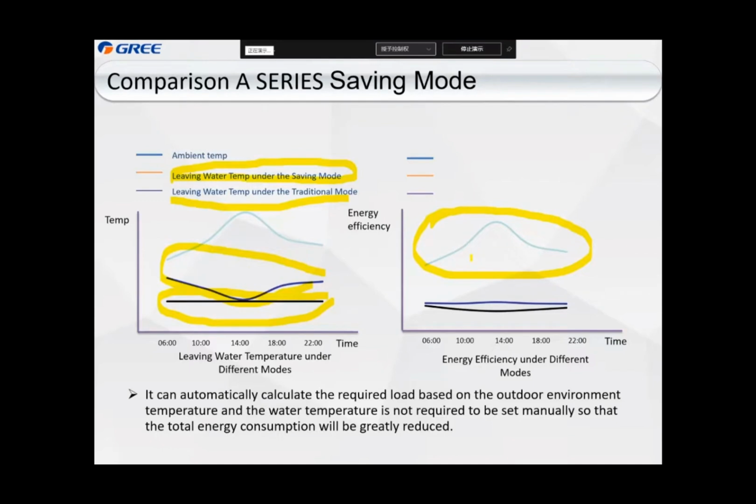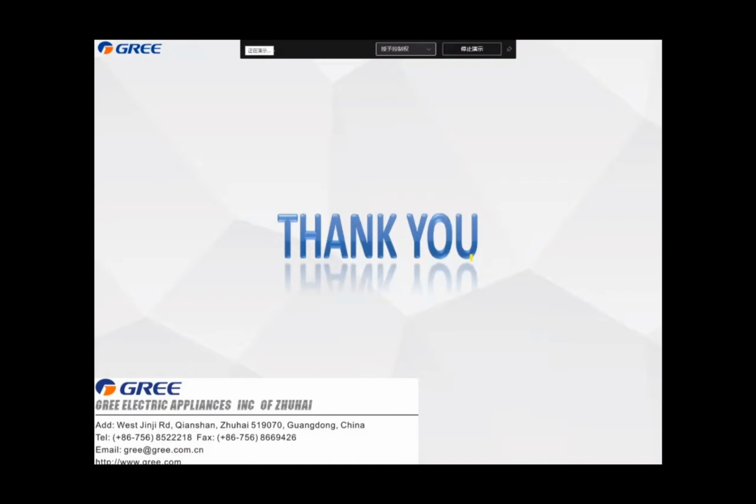Okay, this is about the modular chiller, for all the modular chillers: E series, D series, and A series. Through this presentation, you can get the information about these three series of products, and according to the actual situation choose the suitable product.